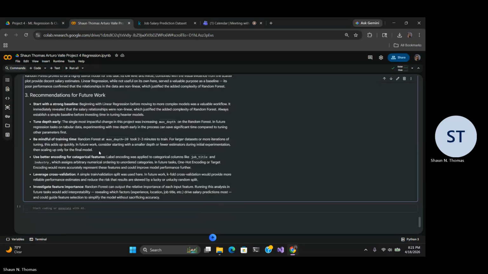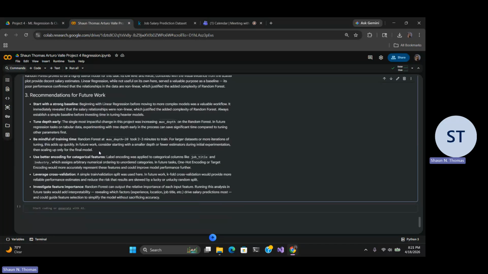And then another thing I can maybe try to do better is encode some of the categories better. Again, maybe some categories are affecting the linear regression model more than they should. So maybe encoding them to not be so sensitive to the model. Like maybe job titles aren't as important.